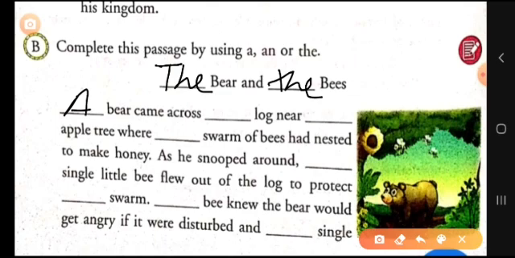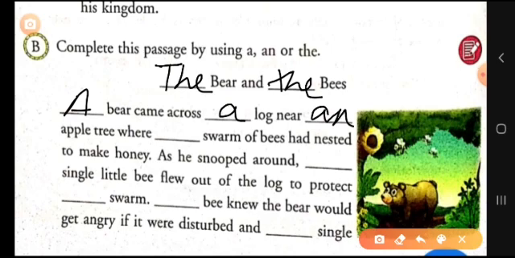A bear came across a log near an apple tree where dash swarm of bees had nested to make honey. As he snooped around, dash single little bee flew out of the log to protect dash swarm.